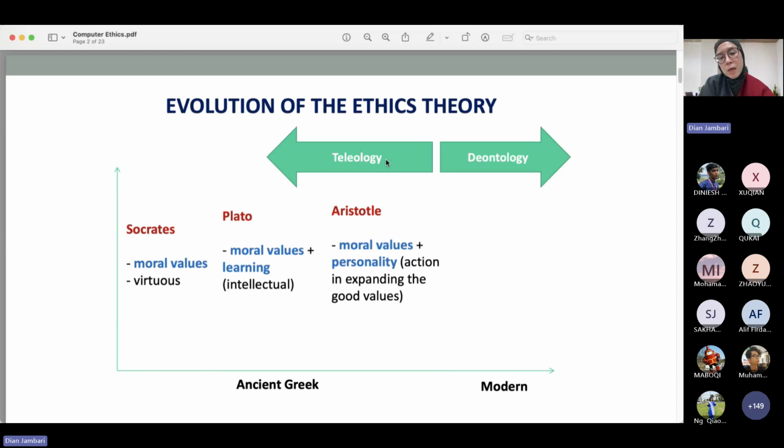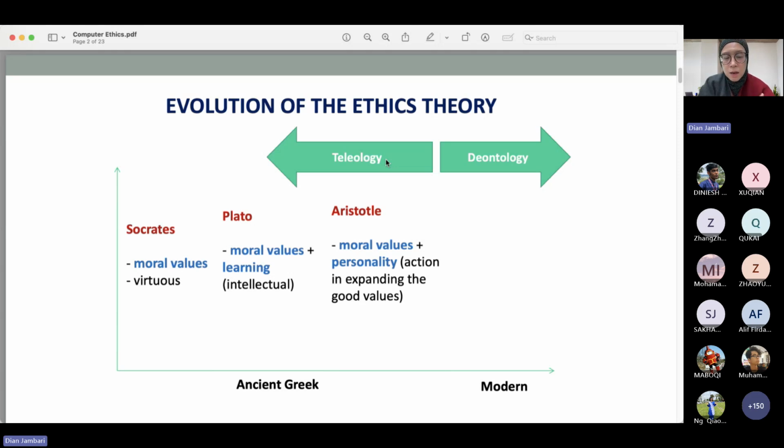We have probably heard of philosophers called Socrates, Plato, and Aristotle. These are philosophers who formalized, documented, recorded, and structured the concepts of ethics.